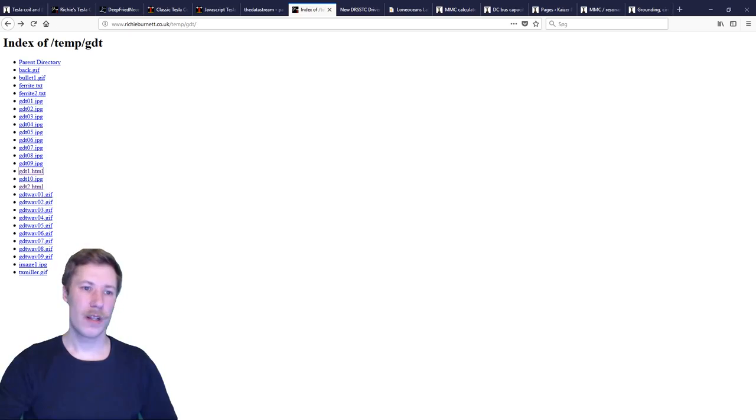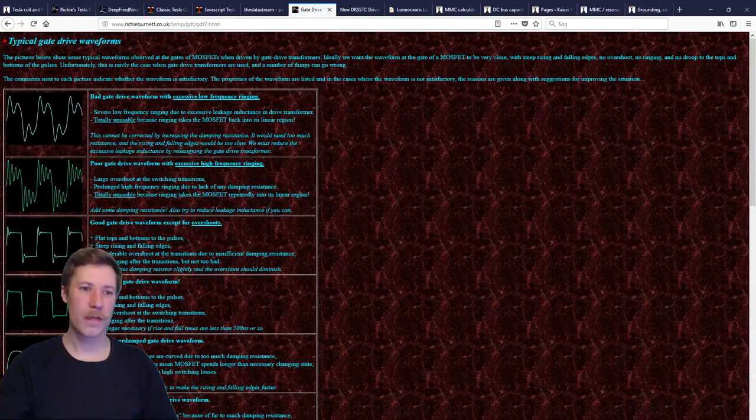But the real true gem here is the typical gate drive waveform demonstrations, where he simply describes in a few sentences for each kind of waveform what is wrong with your driver, what is wrong with your load, how you should try to fix this, and what is probably the most common problem.